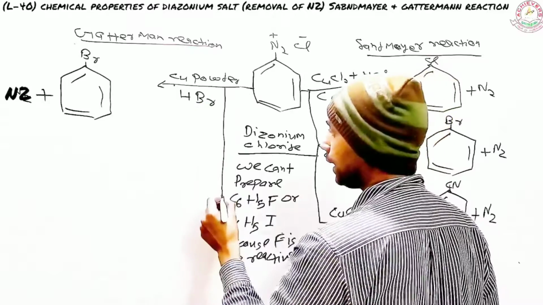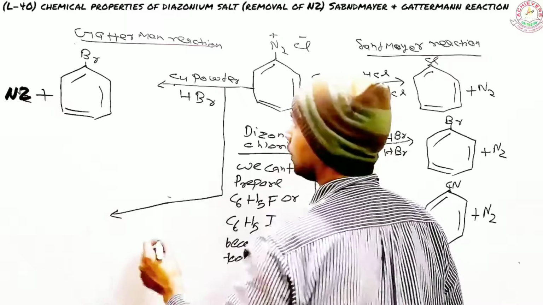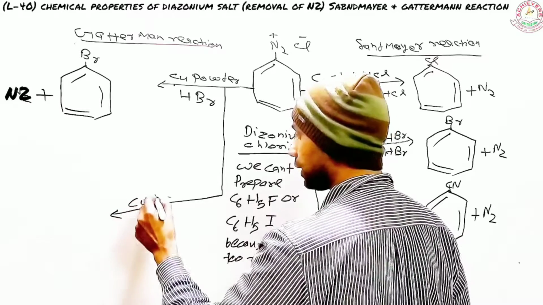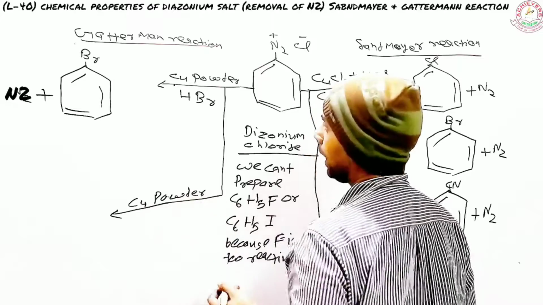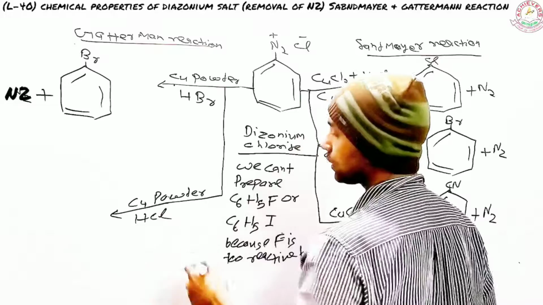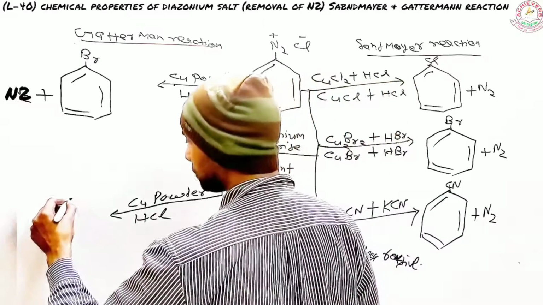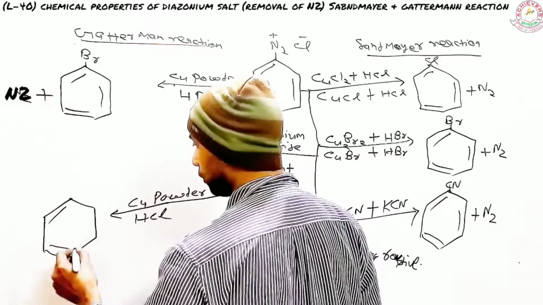Now I'm taking this reaction to a second level, where you use copper powder again, along with HCl, and you will be able to produce chlorobenzene.